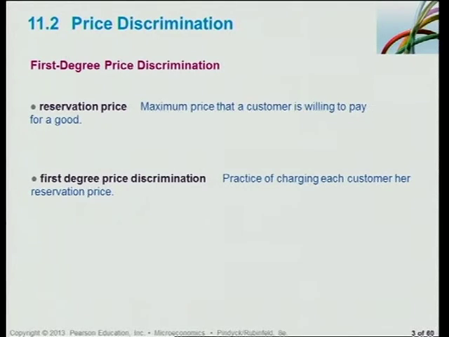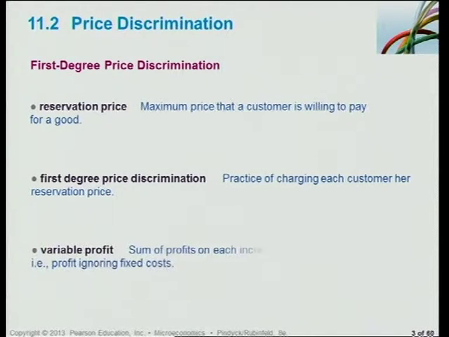So under first degree price discrimination, every customer is charged their reservation price, which is the maximum price that the consumer is willing to pay for a good. That is what first degree price discrimination is, as it is there on the slide: the practice of charging each customer the reservation price.